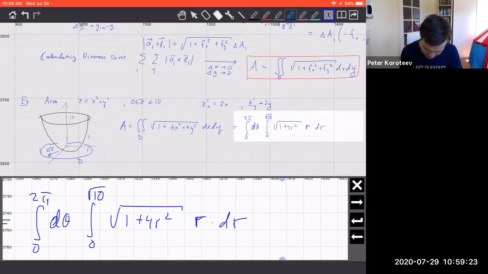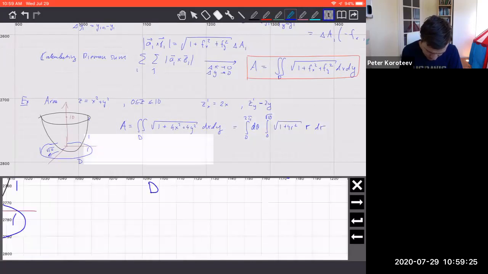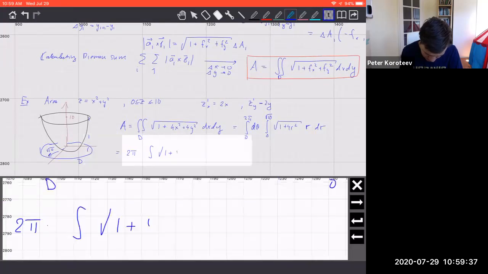Rather, let's do it in a smarter way and make a change of variables.